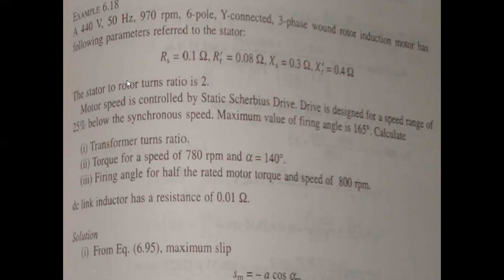The stator to rotor turns ratio K is equal to 2, and motor speed is controlled by static Scherbius drive, and the drive is designed for a speed range of 25% below the synchronous speed, and the maximum value of the firing angle is 165 degrees. We have to calculate the firing angle for half the rated motor torque and speed of 800 RPM.